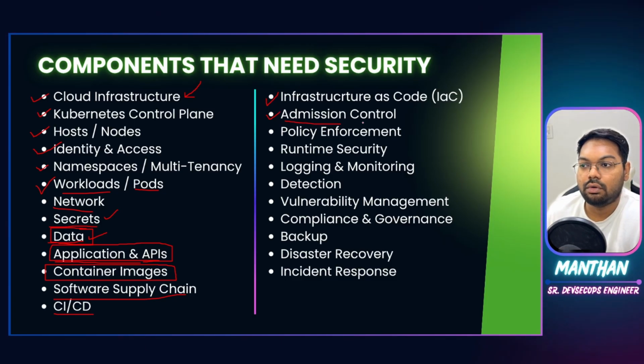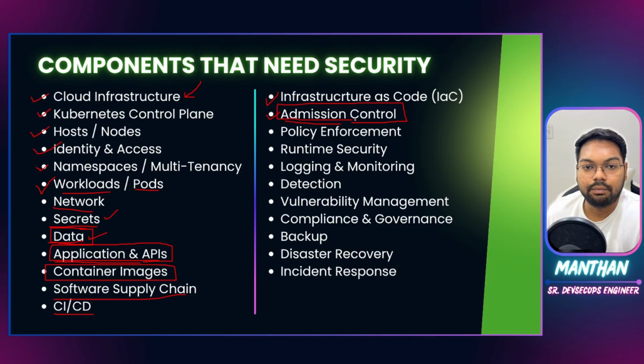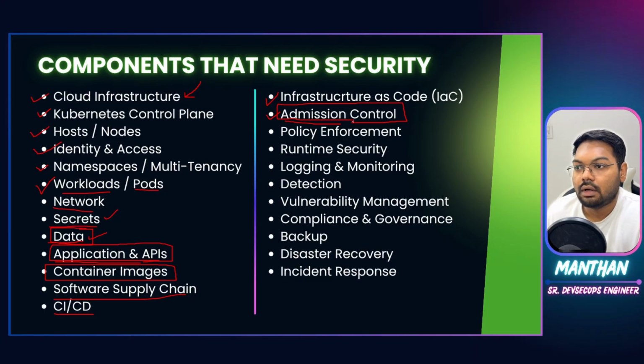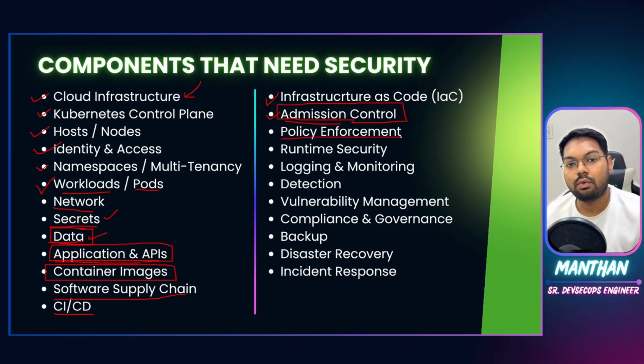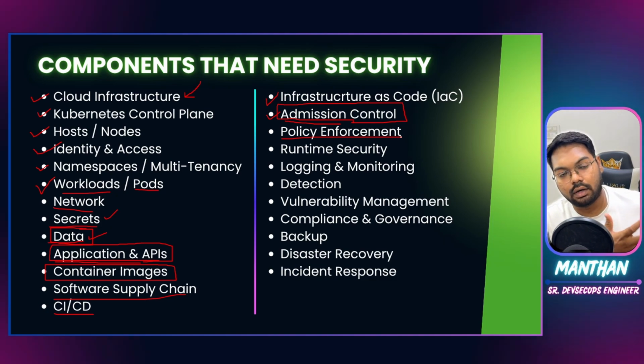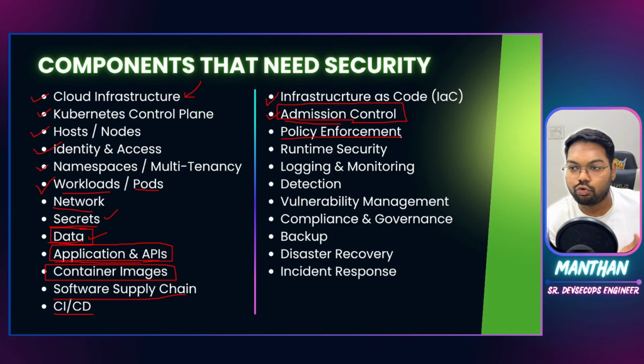So admission controls are required so that only things you know of go into your cluster, and nothing you don't know of goes on this cluster. Then there is policy enforcement of how a workload should be running, what things a pod should take care of, and how it should be running on your infrastructure.